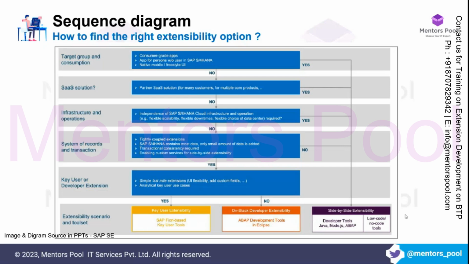And then if we have to enable a custom service for side-by-side extension, many times the exact same service would not be applicable. We would like to choose a hybrid of standard service and a little bit of customization in it.